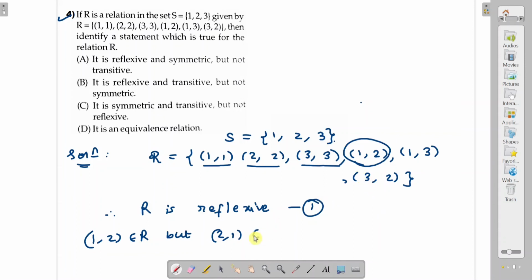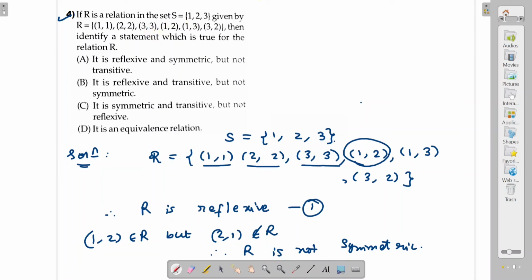So (2, 1) doesn't belong to this set R. So (1, 2) belongs to the set R, but (2, 1) doesn't belong to set R. So therefore R is not symmetric. Even if for one ordered pair you are not getting the property, then the relation R will not satisfy that property.